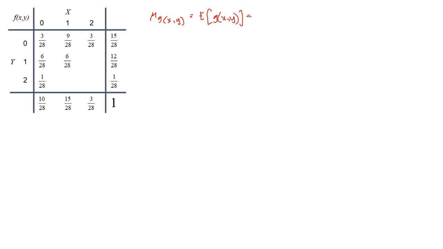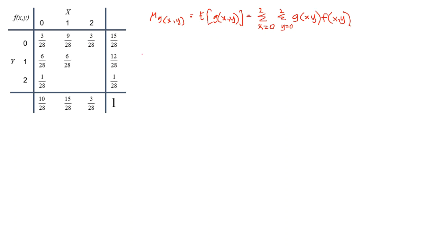That is equivalent to the summation of x from 0 to 2, and the summation of y from 0 to 2 as well, since we have 0 to 2 data here, of g of x, y times f of x and y. So we have to multiply the values of our x and y, and multiply that by the probability of their joint distribution.